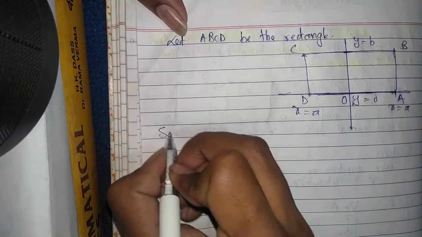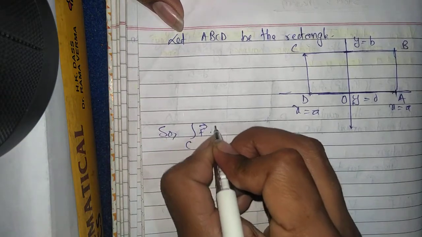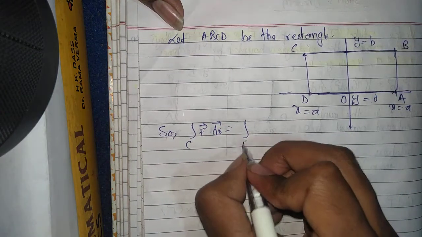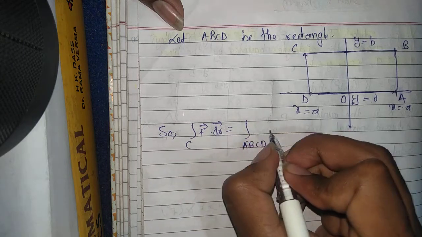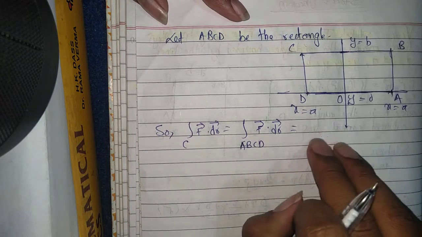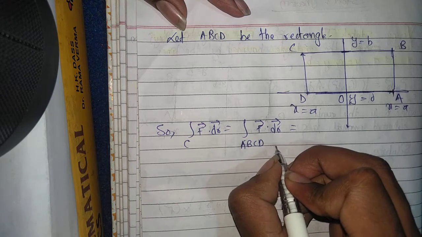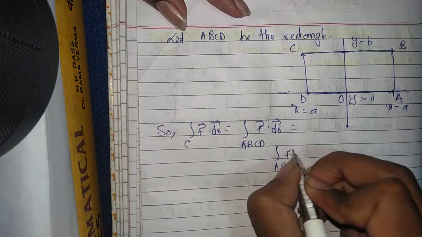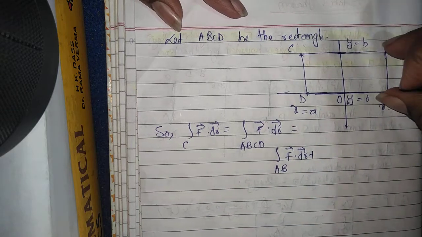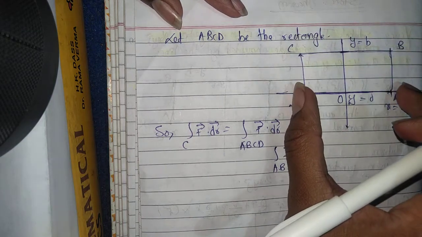So the total line integral under the closed curve, the integral of f dot dr over ABCD, is equal to the sum of the individual line integrals: the line integral along AB of f dot dr vector, plus the line integral along BC, plus the line integral along CD, plus the line integral along DA.